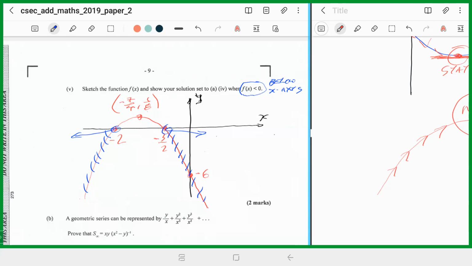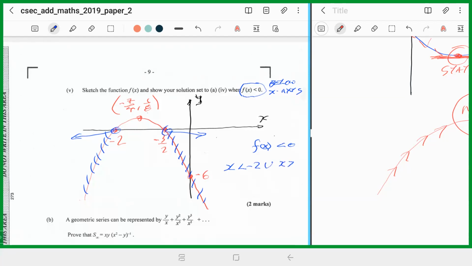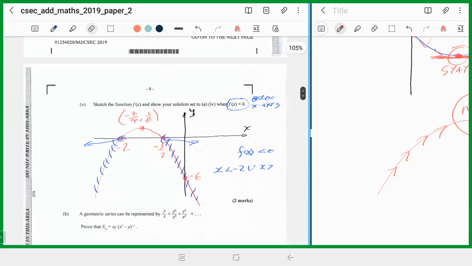See that? So my solution is outside the two roots. So for f of x less than 0, my solution is x less than negative 2 union x greater than negative 3 over 2. I need more space, so I'll write it smaller.